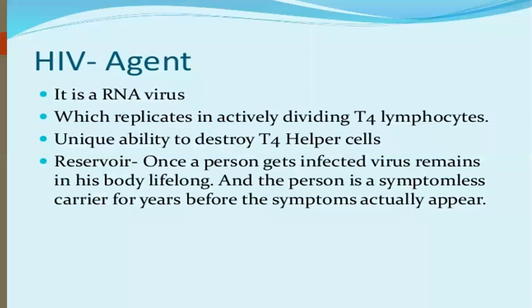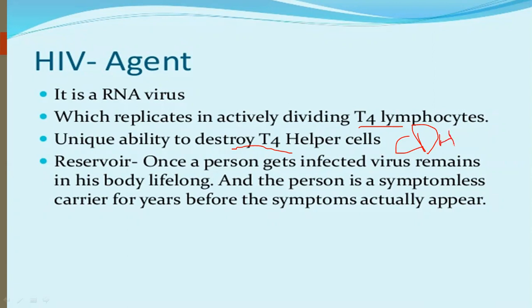So if we see that HIV agent, that is an RNA virus, it replicates actively in the T4 lymphocytes of the immune system. It has a great and unique ability to destroy T4 helper cells. These are also called CD4 cells or T4 lymphocyte cells.